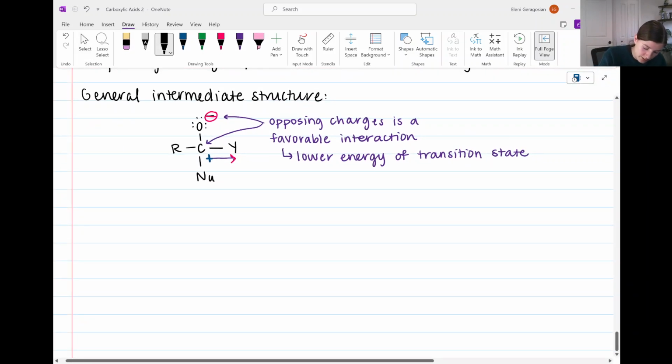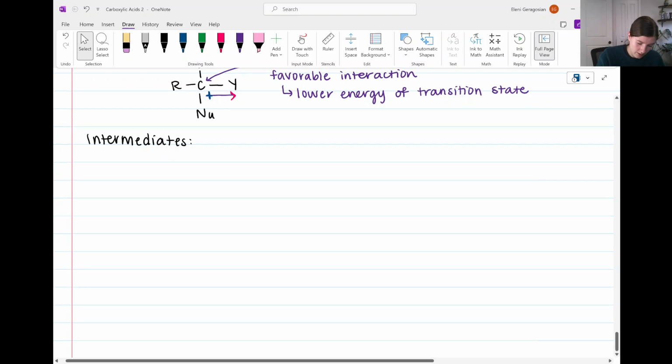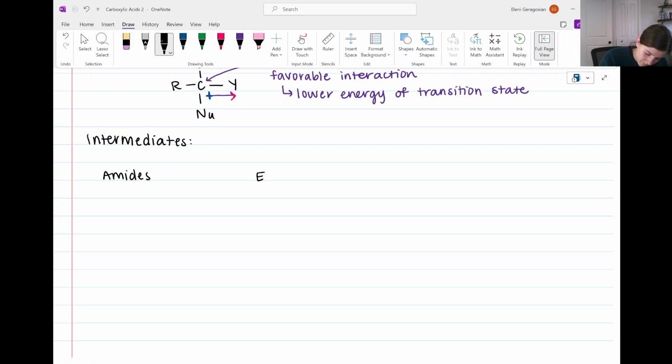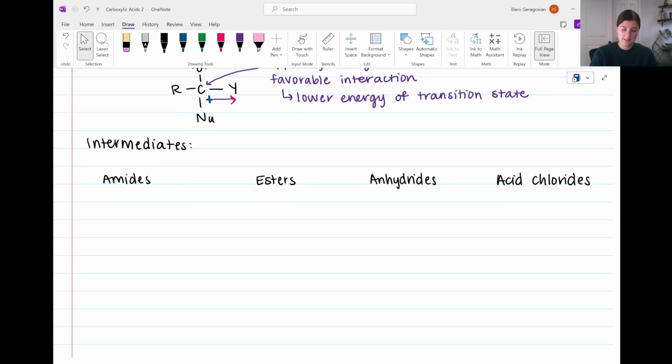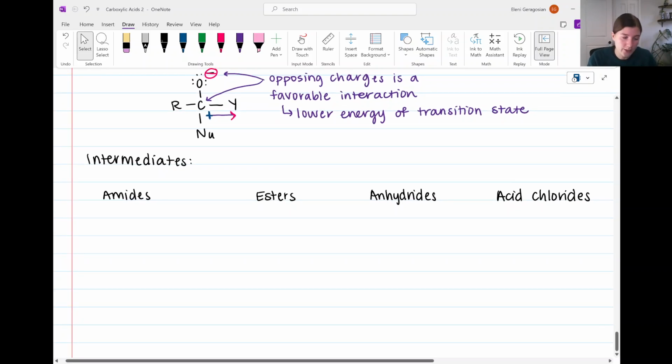So if we draw the more specific intermediates, we'll draw them side by side here. We'll have amides, esters, anhydrides, and acid chlorides. All of these structures look exactly the same as what we have above, just that Y group is changing. So for an amide, that's a nitrogen.